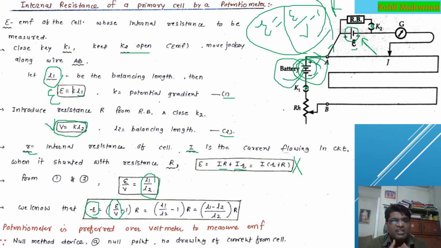It works on the null method and it draws no current from the cell whose EMF is to be measured, contrary to a voltmeter. A voltmeter will draw at least some current to show the deflection in itself. Is that clear? That is why potentiometer is preferred over the voltmeter. Got it? Good. So these are the two applications of the potentiometer.